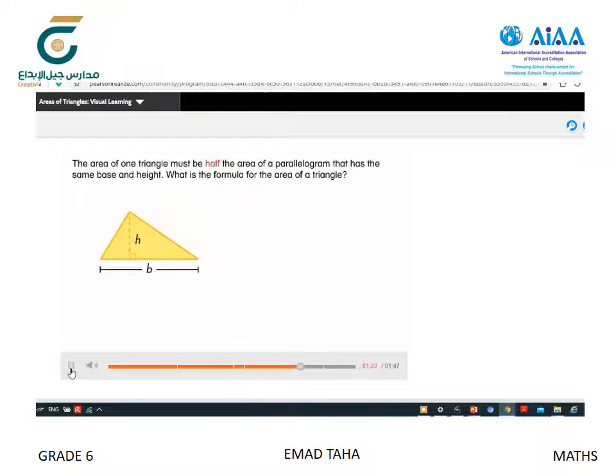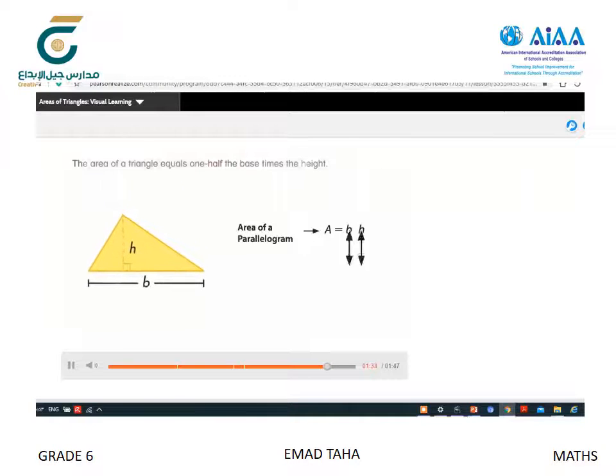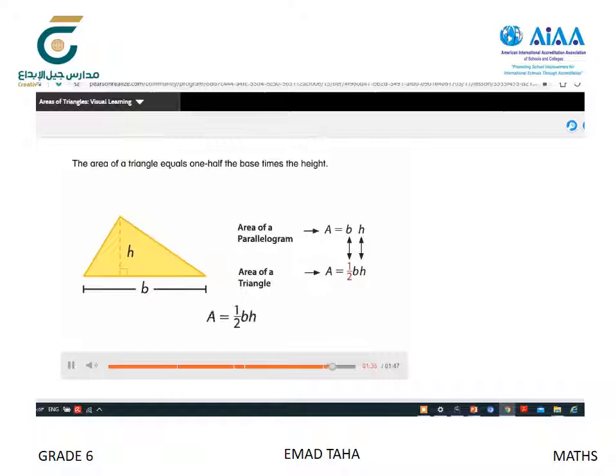The area of one triangle must be half the area of a parallelogram that has the same base and height. What is the formula for the area of a triangle? Select your answer. The area of a triangle equals 1/2 the base times the height. Now you know how to find the area of a triangle.